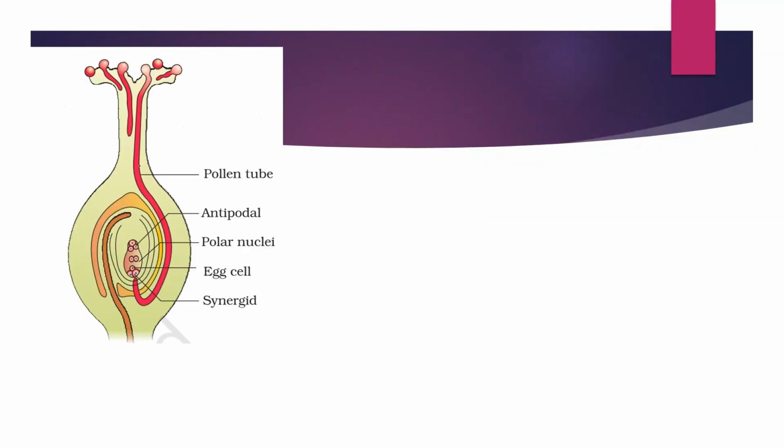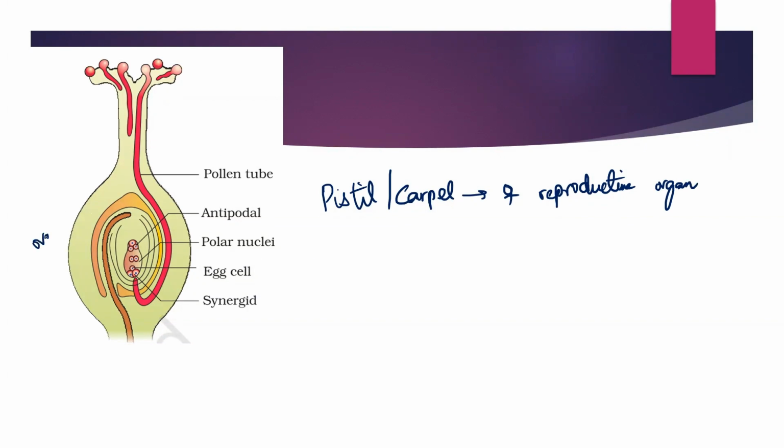Before solving the question, here is a diagram of the pistil or carpel, which is the female reproductive organ in a flower. It comprises the ovary, this tube-like structure called the style, and the receptive part known as the stigma.